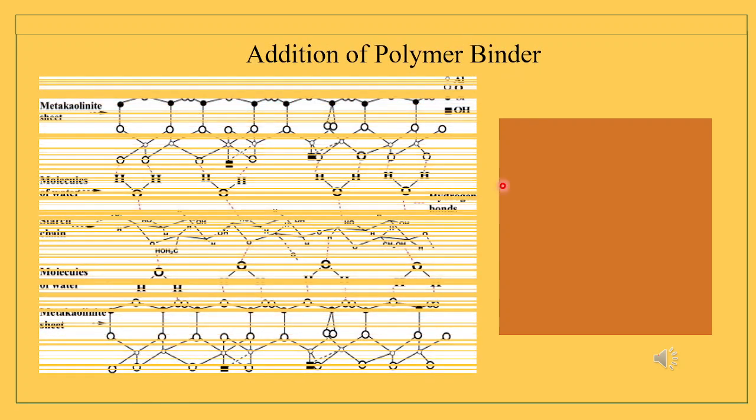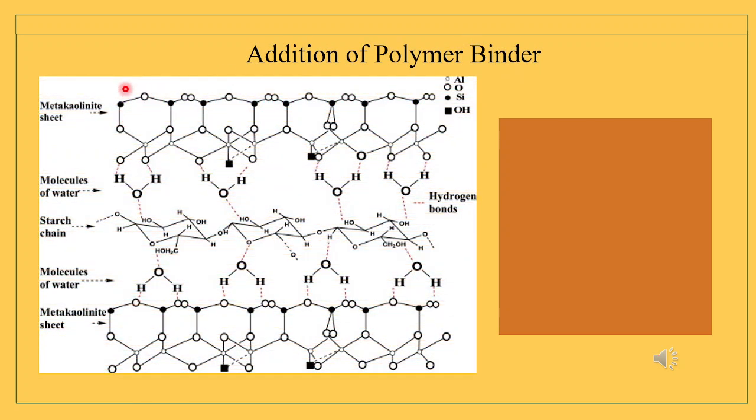Manihot starch clay composite is a modified variant selected to function as a proton exchange membrane or PEM. The choice of starch was based on the presence of strong intermolecular and intramolecular glycosidic hydrogen bonds in its polymer chain.